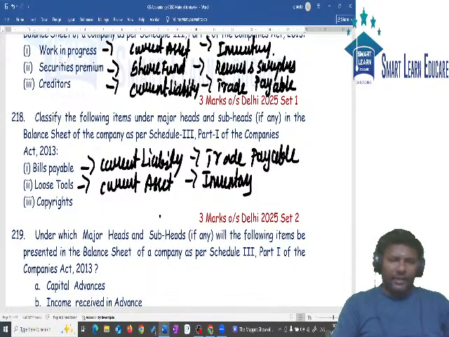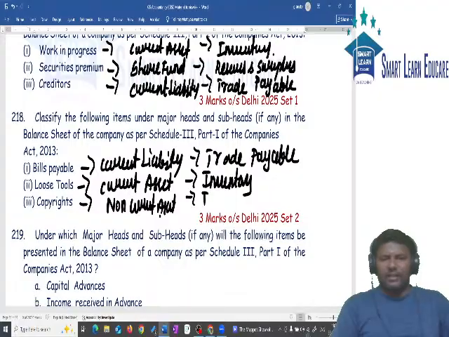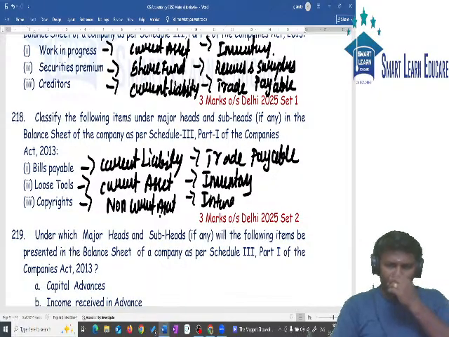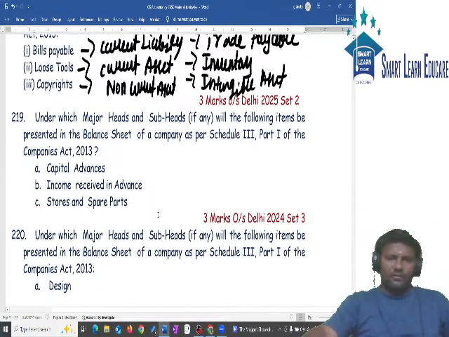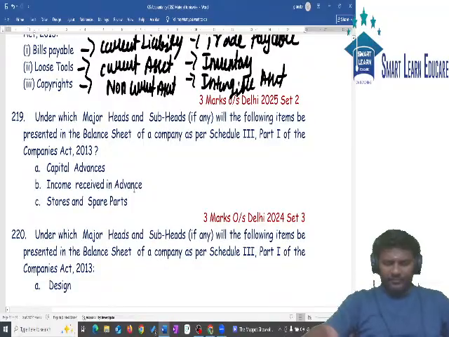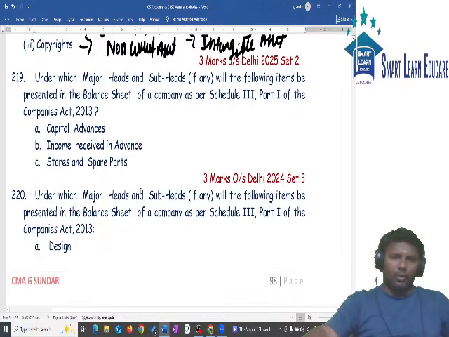Next, copyright. Copyright, non-current asset. Non-current asset, under this, intangible asset. Next, again all three are repeated. You are the ones who are going to try. Question number 219, please try.